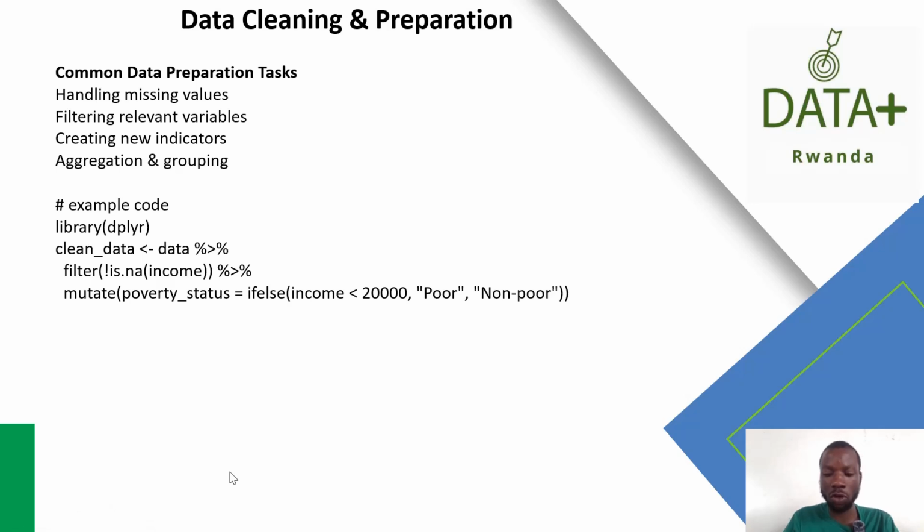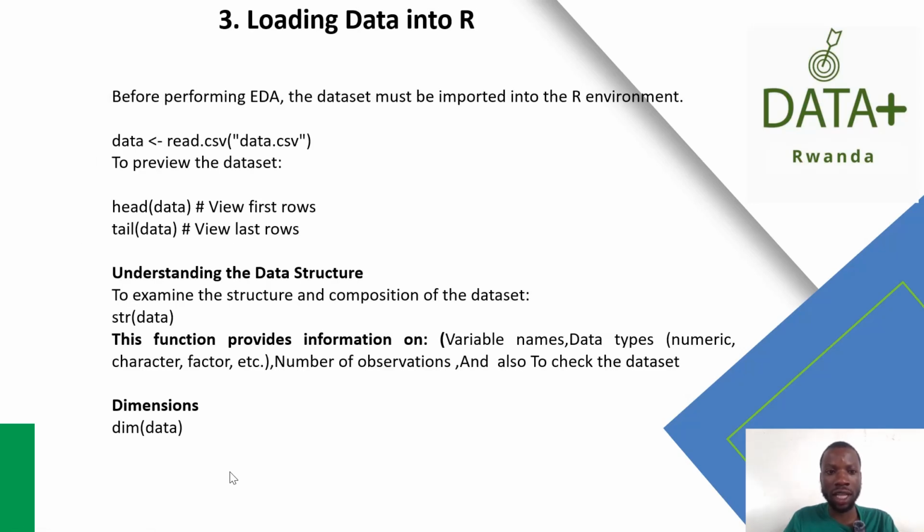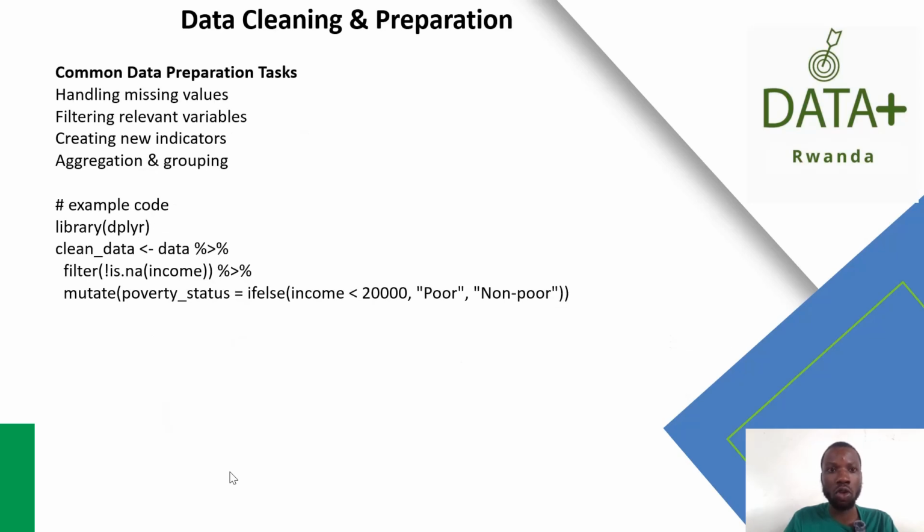After loading the data set and understanding the data structure, we go to data cleaning and preparation. The common data preparation tasks are handling missing values, filtering the relevant variables, creating new variables or indicators based on existing ones, and making aggregations or grouping.